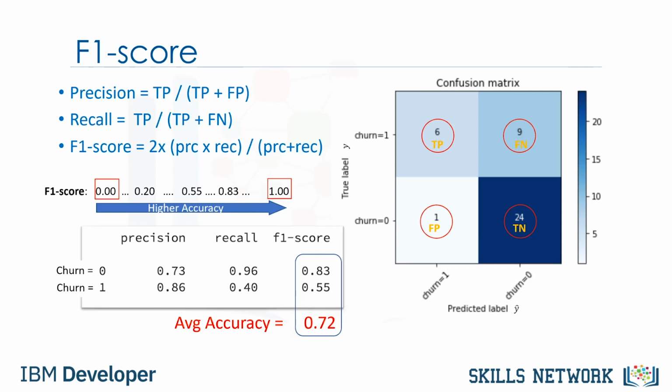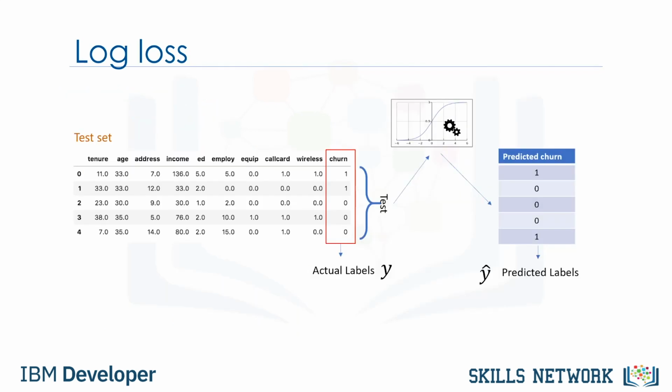Please notice that both Jaccard and F1 score can be used for multi-class classifiers as well, which is out of scope for this course. Now let's look at another accuracy metric for classifiers. Sometimes the output of a classifier is the probability of a class label instead of the label.